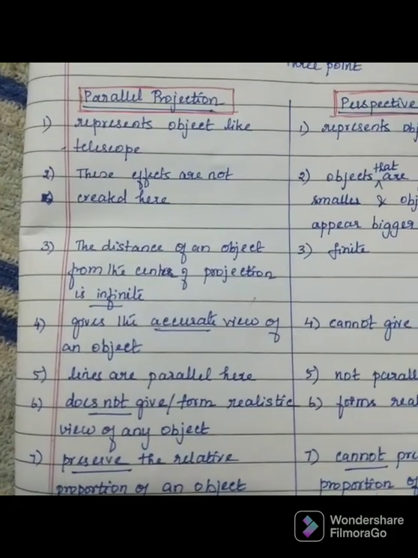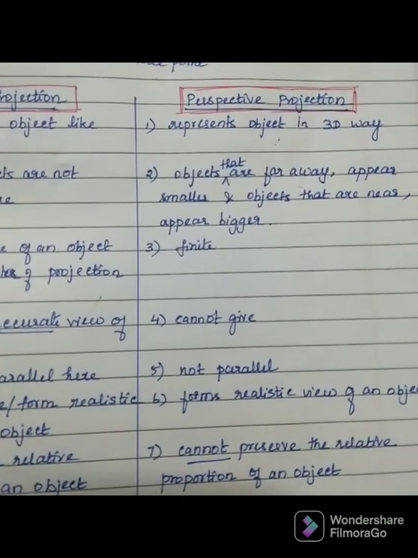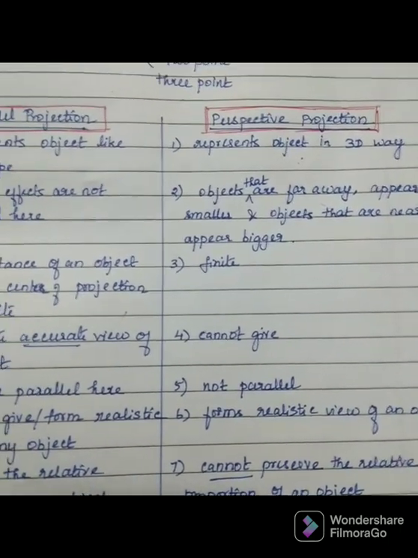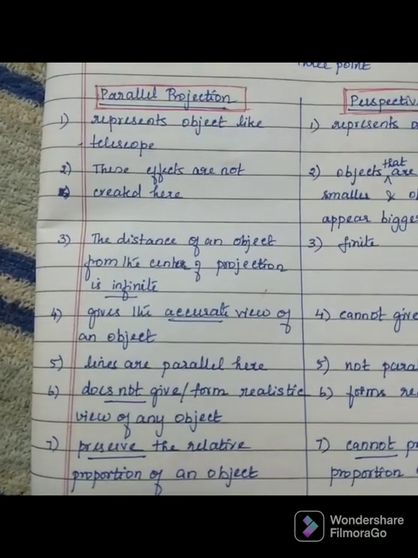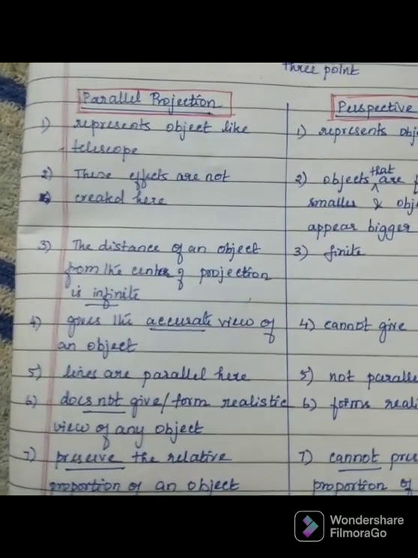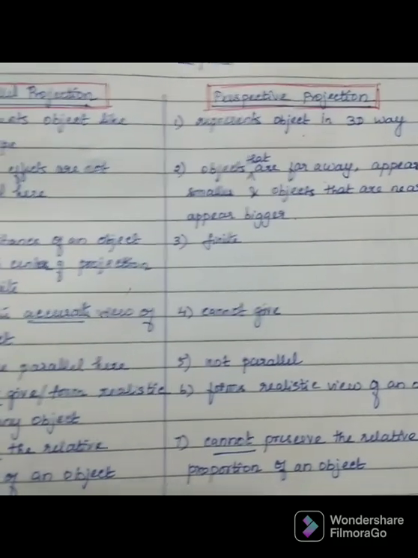It gives the accurate view of an object, but perspective cannot give an accurate view. Lines are parallel here in parallel projection, whereas in perspective projection they are not parallel.